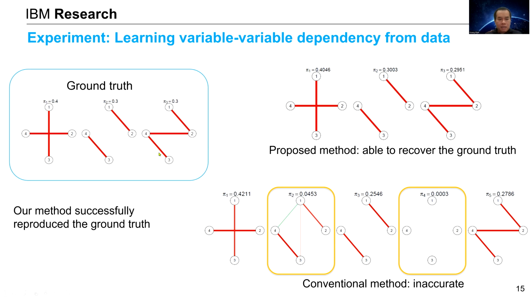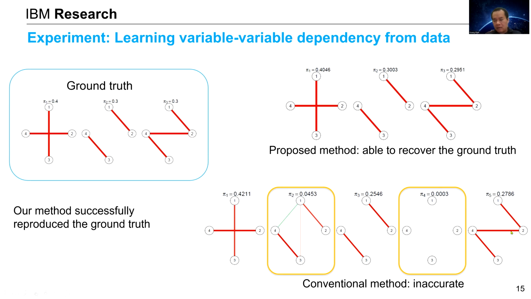Here, our mixture model has three components, and here is the ground truth. If we use the L1 approach to learn, we can get the sparse graphical model.